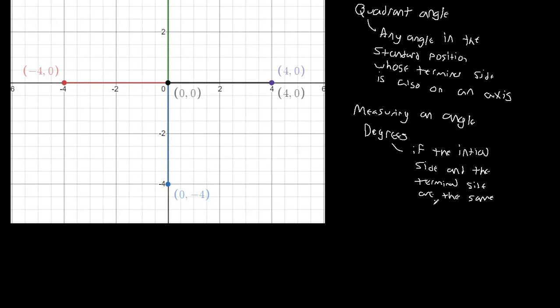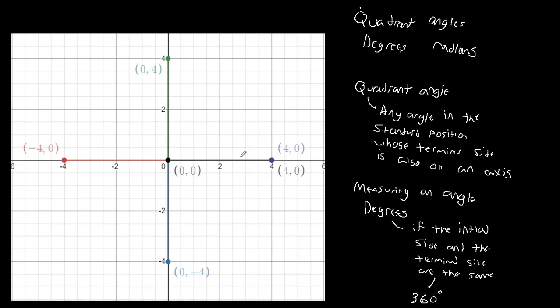We defined this measurement as 360 degrees. And we denote that with a little degree symbol, just like Fahrenheit or Celsius, a little degree symbol up here. So let's talk about what that looks like with our little example here.